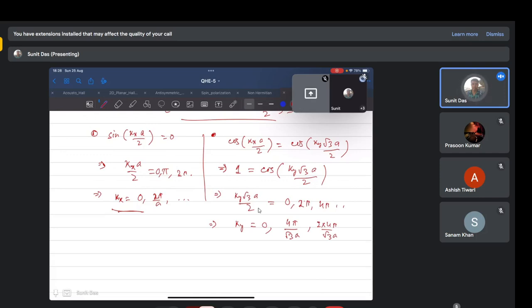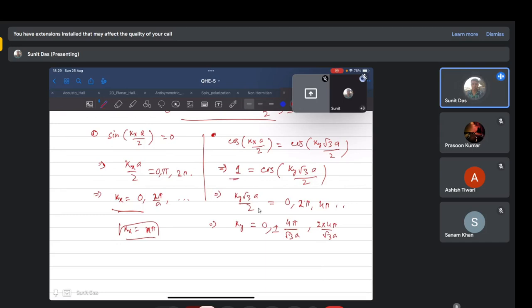Actually, I should take it more generally, because kx general solution is just n pi, where n can be 0, 1, 2, 3 and so on. If you take kx to be n pi, then you will get automatically a plus minus here. Because if you take kx equal to 0, then cos is simply 1.